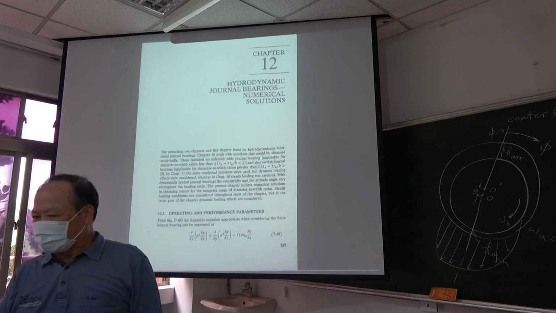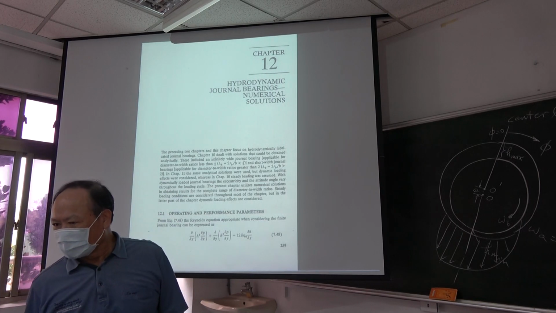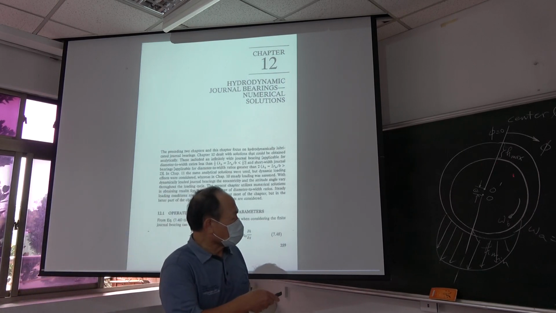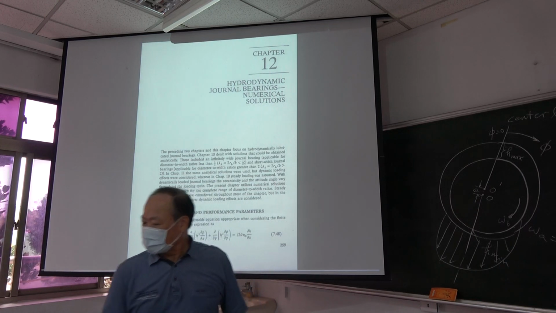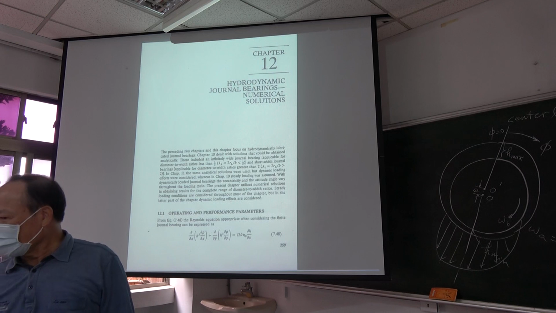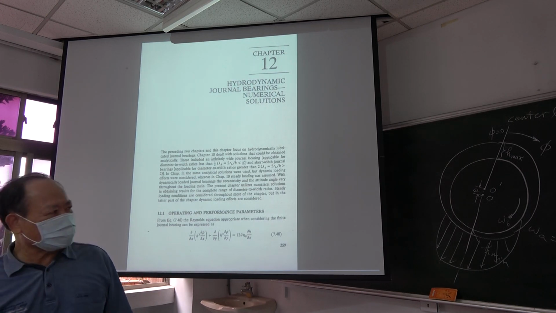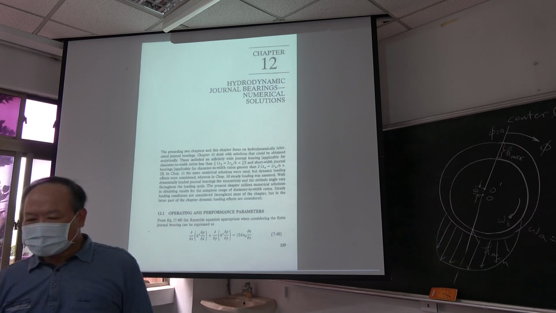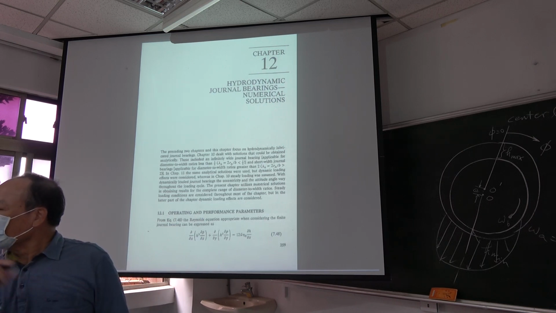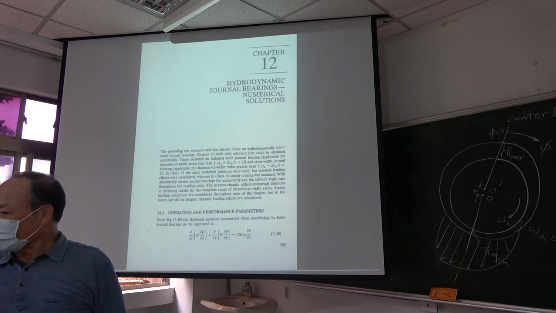because the C value they give can cause some damage. One is vibration, which I will talk about later. If C is not properly chosen, your vibration will be high, will be large.